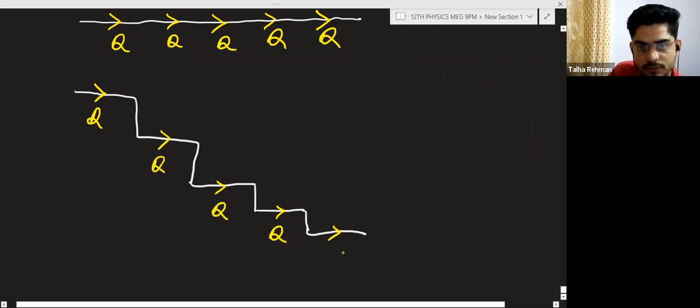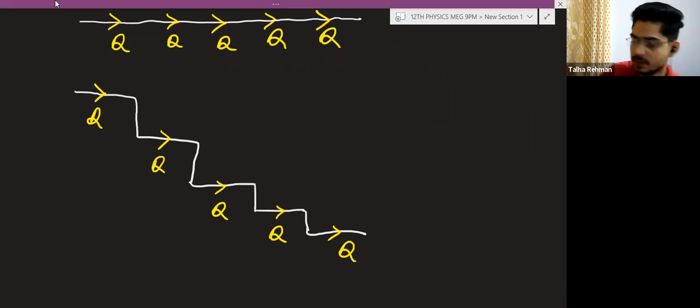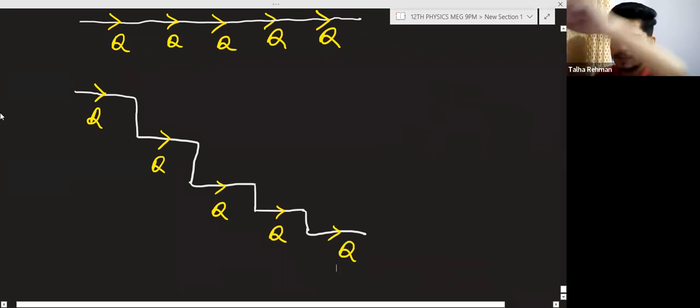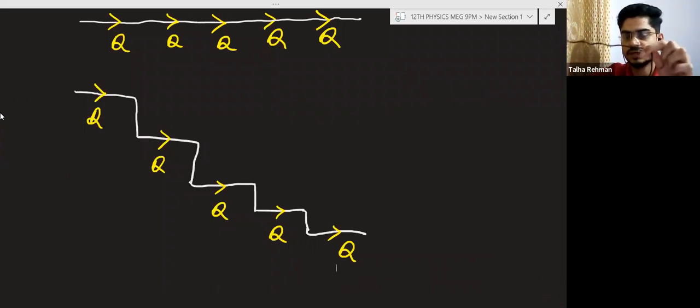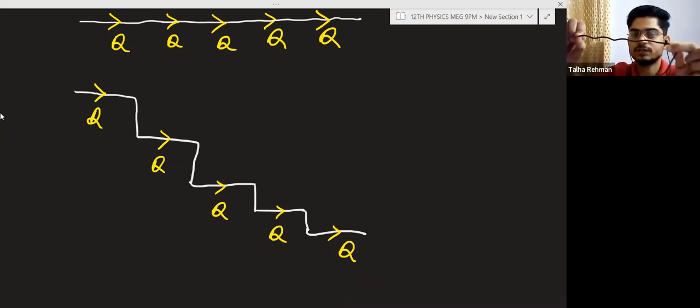Like Hamza, see here. This is the straight wire, and there will be some charge in this wire.